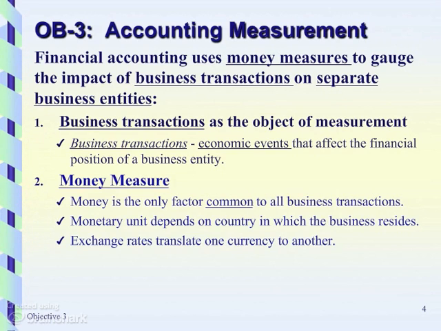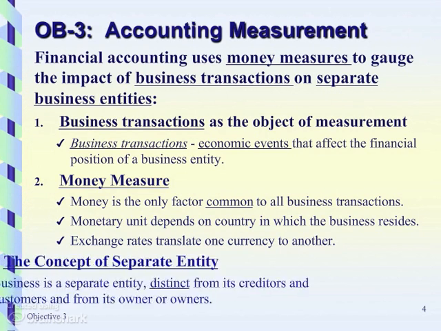In other words, if we were to do a barter, and let's say I owned a pizzeria and my neighbor owns a lawn mowing service, if I wanted to barter with him, how many pizzas would equal him mowing my lawn each week? So you have to place some sort of money value on those types of transactions. We can't report one pizza equals one lawn mowing job. So you have to convert that into some sort of dollar value.